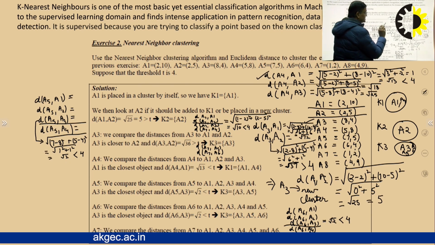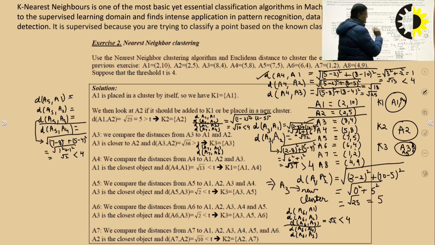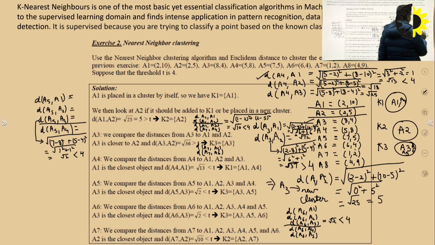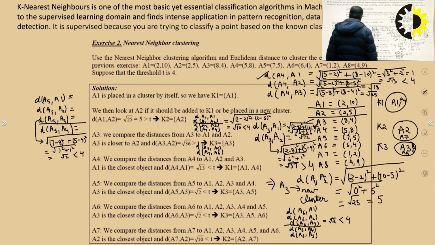A2 is contained in cluster K2, so that cluster will now also contain the new point A7. So this is the cluster configuration so far for the first 7 points.